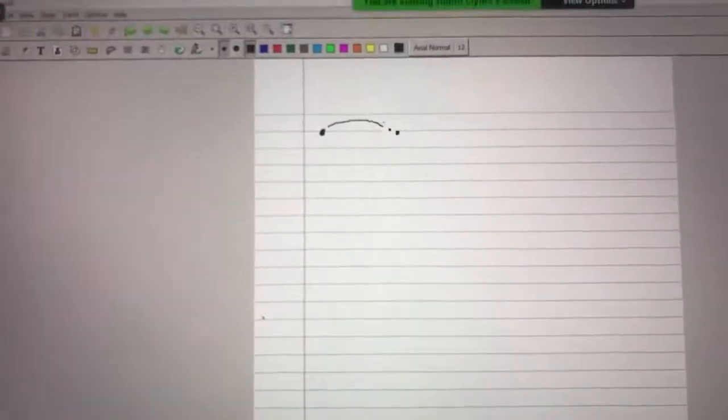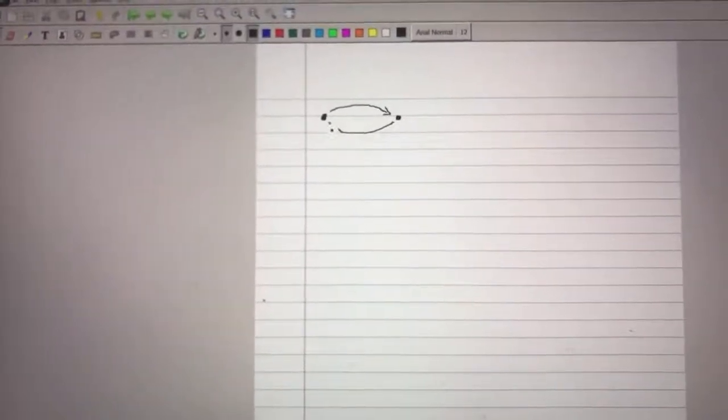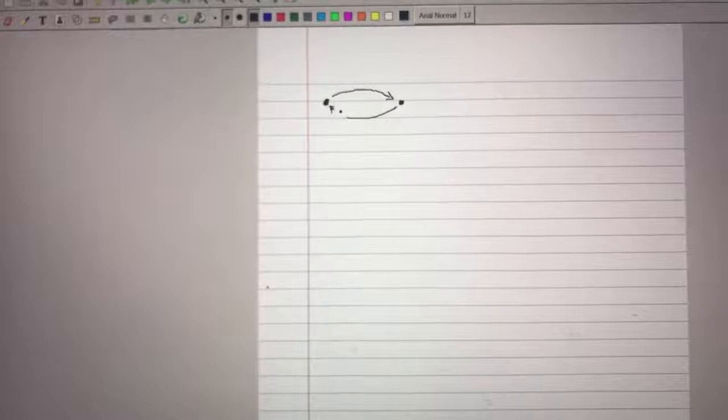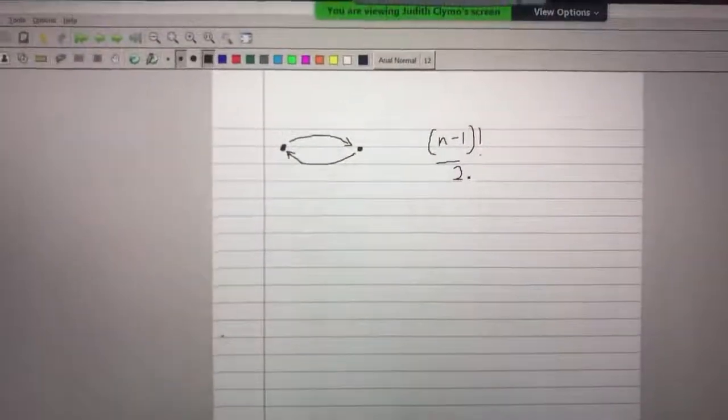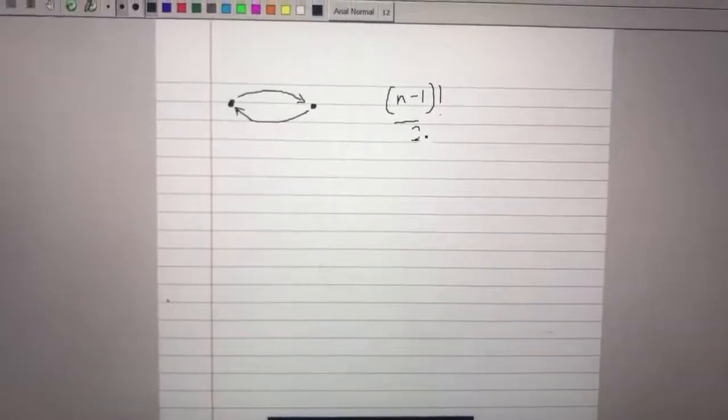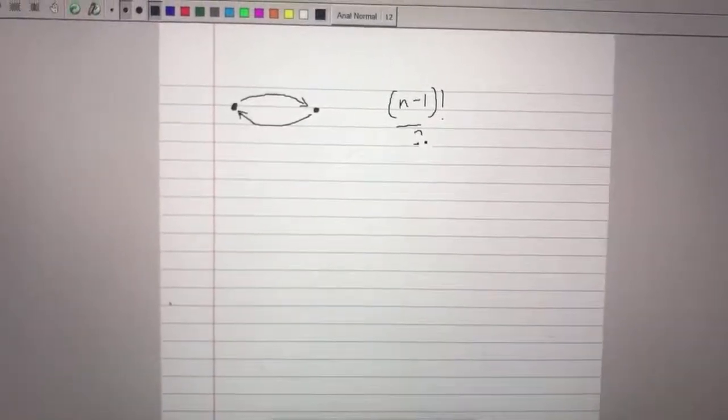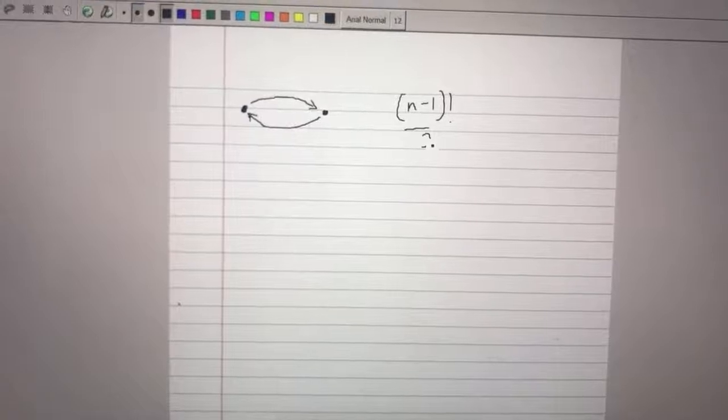If you had exactly 2 cities, I mean it's assumed that n is greater than 1 for sure, then you could have this tour, and that's the only option. And (n minus 1) factorial over 2, what is 1 factorial over 2, would give a half.